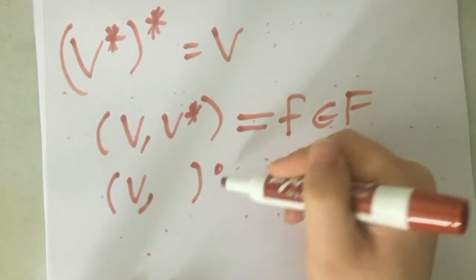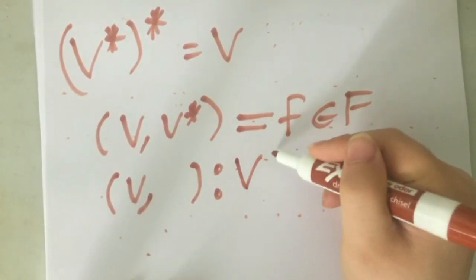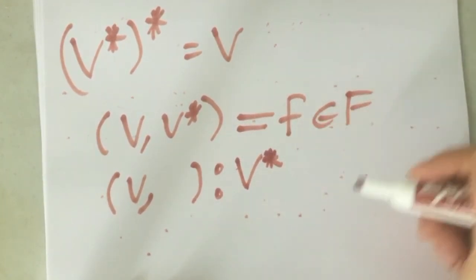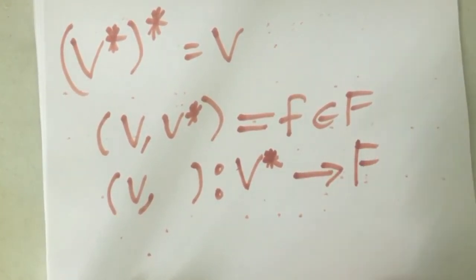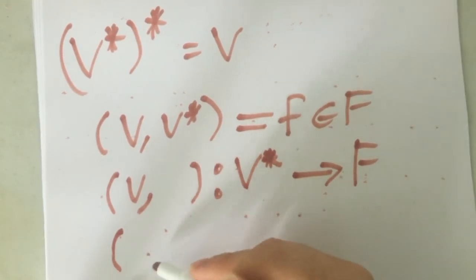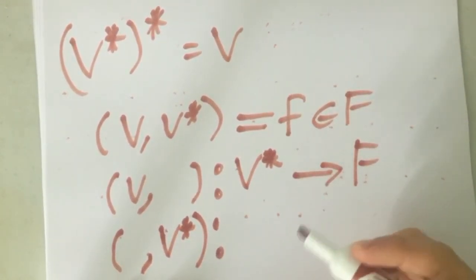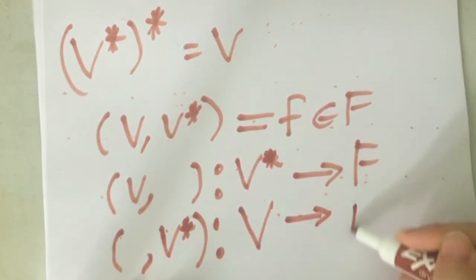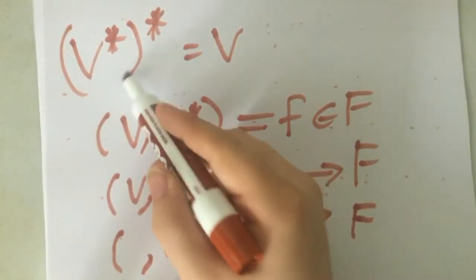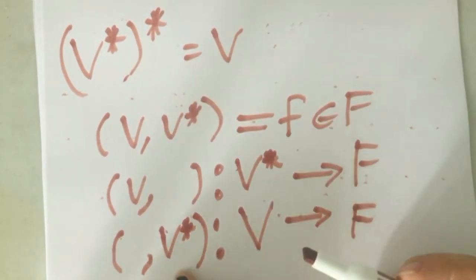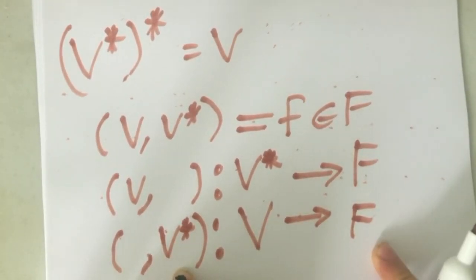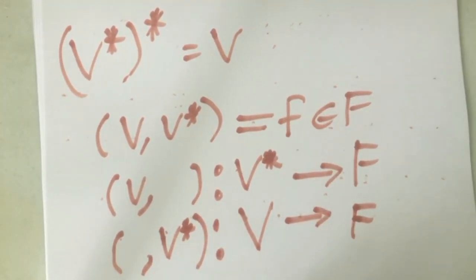So this is like a function which takes something from the v star space and goes into the scalar field. And if you have a v star without a v, this will be a function which goes from the vector space into the scalar field. Then this starts to make sense, because if you have v star, then v takes you to f. And so the covector of a covector is a vector again. And I think that sums up covectors.